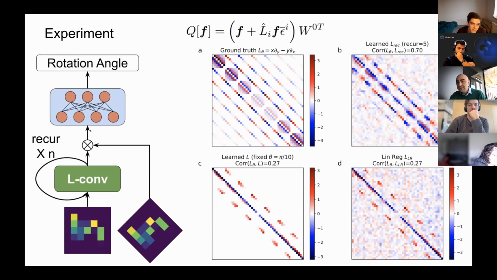But before that, I feed one of the inputs into a recurrent L-Conv. L-Conv is our layer, basically a Lie Algebra Convolutional layer. What this recurrent layer is supposed to do is figure out by what angle this one is rotated, so that in the next step, when I take the dot product of this with this, it becomes something from which I can easily extract the angle.